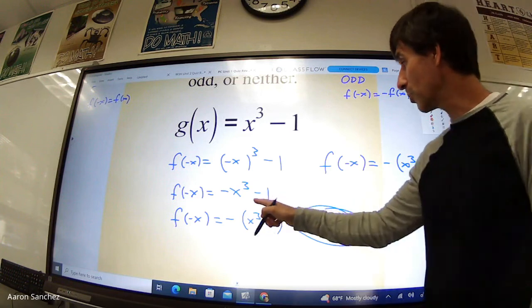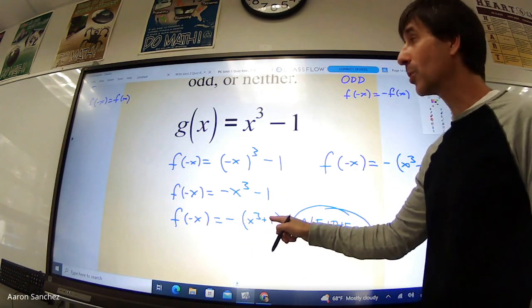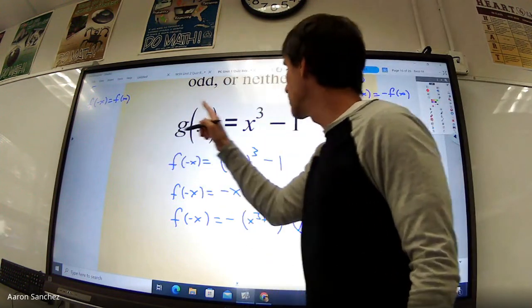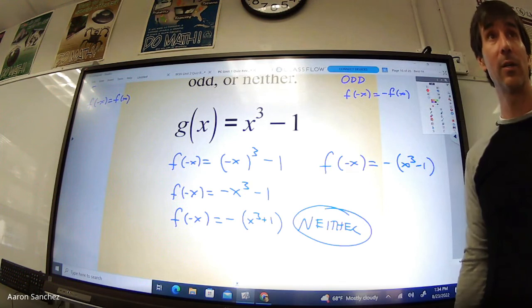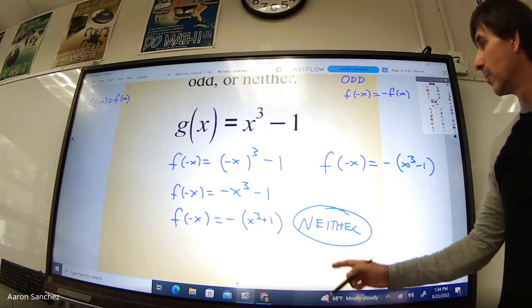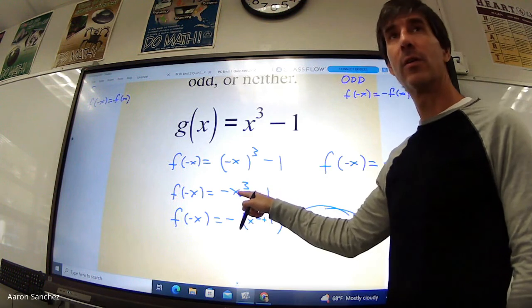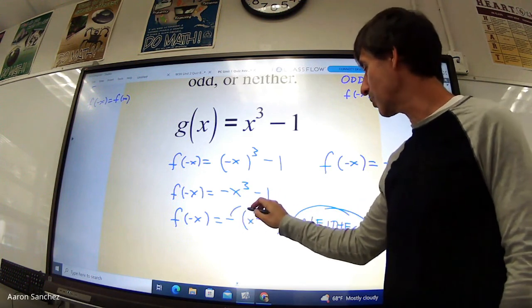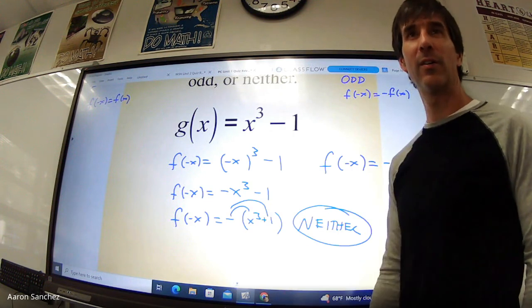But when I distribute out, it's negative x cubed plus 1. So it's not this, nor is it this. So it's neither. Yes, Mike. But why is it plus 1? Because if I factored out the negative, and I put the negative back in, that would be negative and that would be negative. I factored it out.